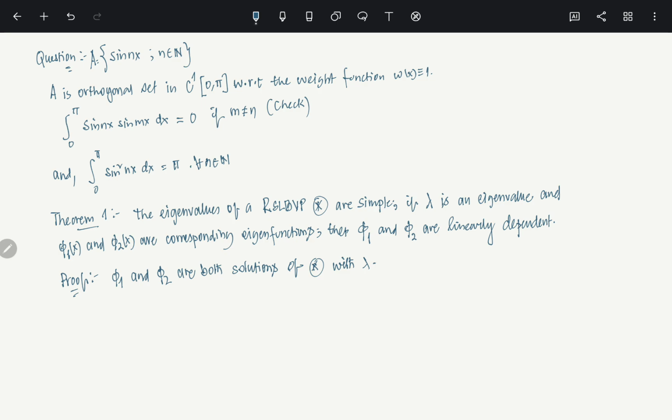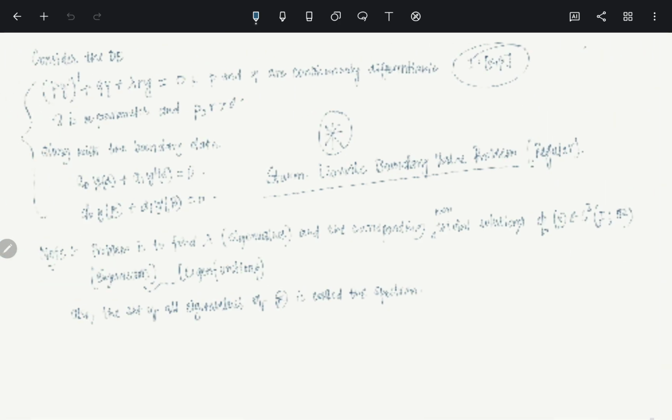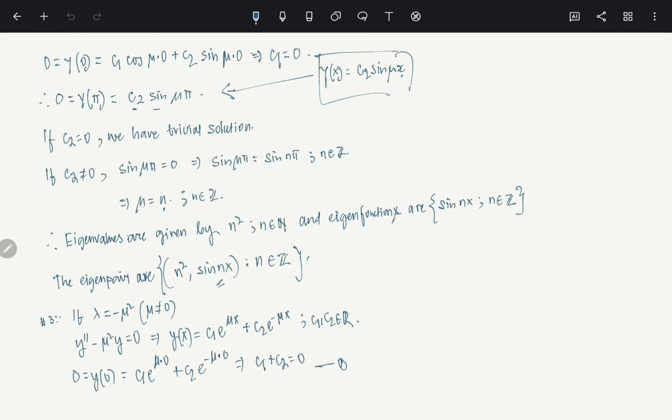So this equation, if you write it with lambda, where is the equation? I wrote it somewhere, no? Star. If lambda is an eigenvalue, then phi1 and phi2 both satisfy this equation, with this boundary data. So let me write it down. That will make life much easier.